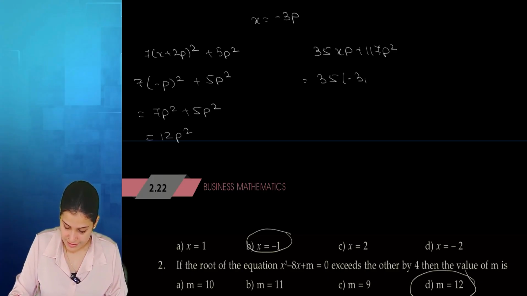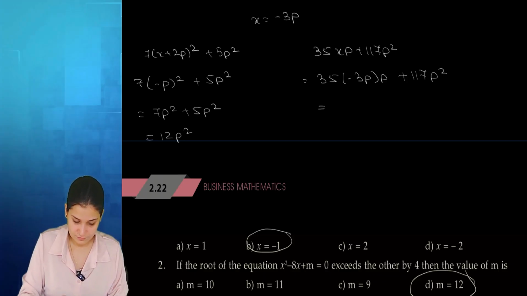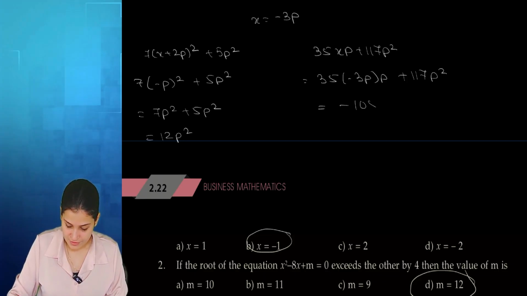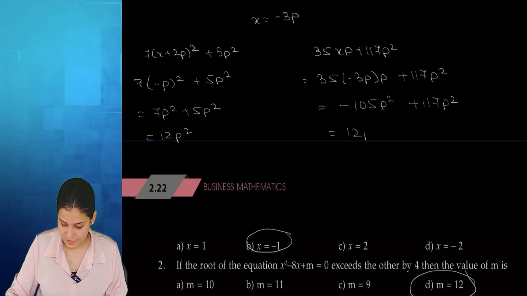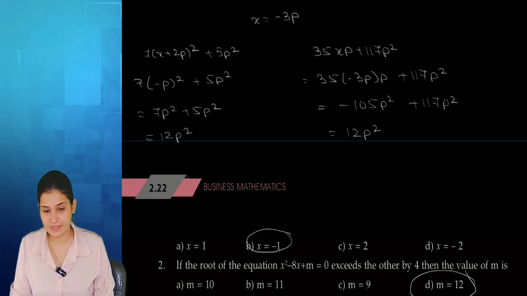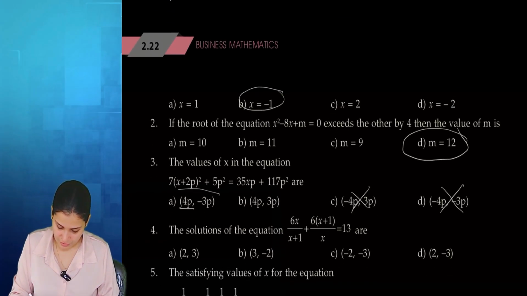Right hand side, 35 into minus 3p into p plus 117p square, minus 105p square plus 117p square, 12p square. Yes, it comes out to be the same. So x equal to minus 3p is also a solution.